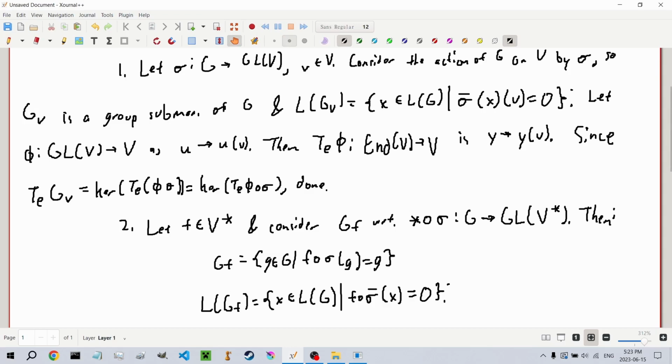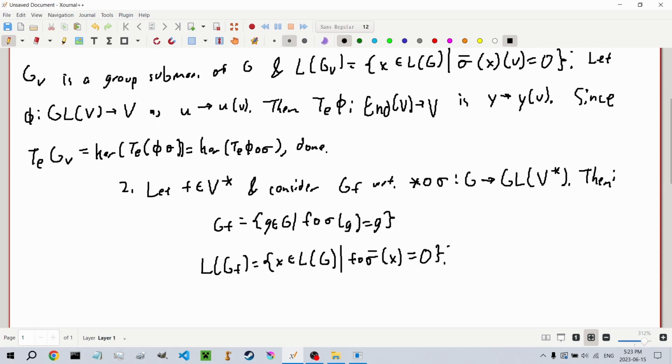Now I'm going to show this. For the first, we show that g inverse is in the stabilizer of f if and only if f of sigma of g is f.